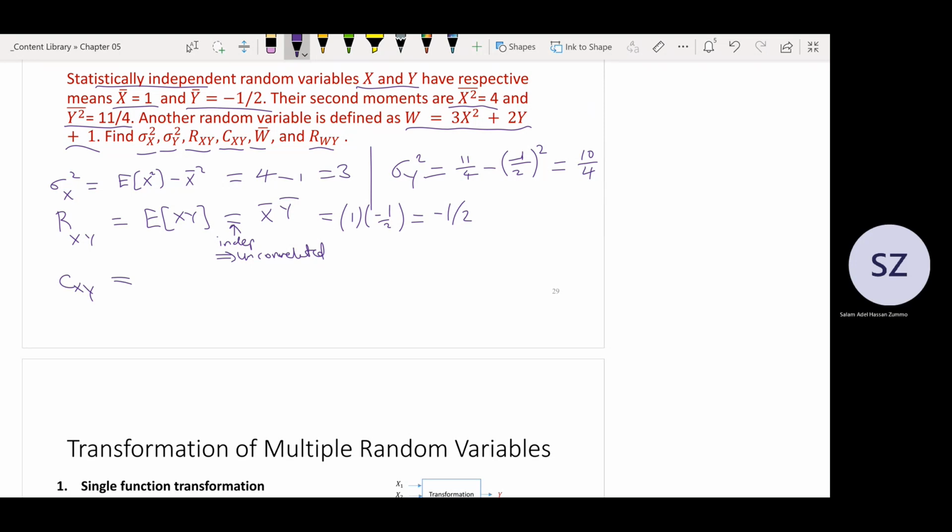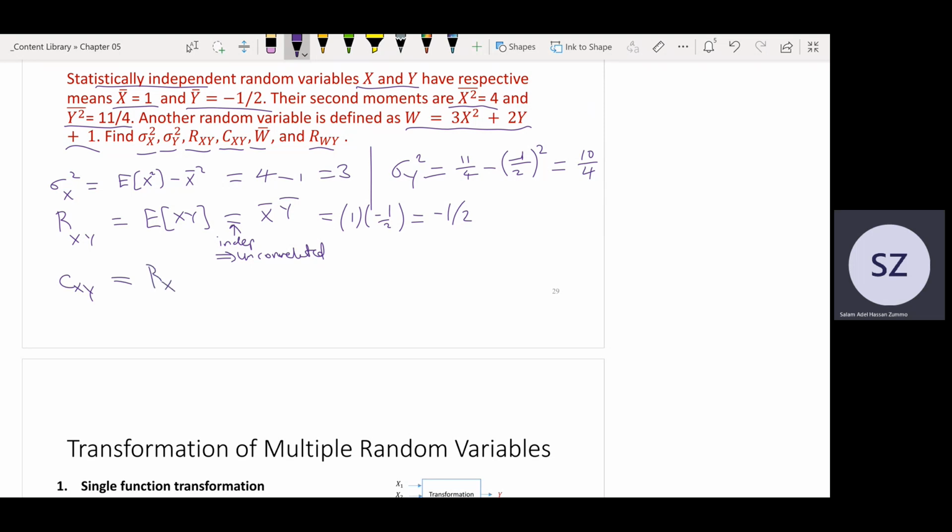Try to work now. Okay, covariance. Why is it 0? This is x y.